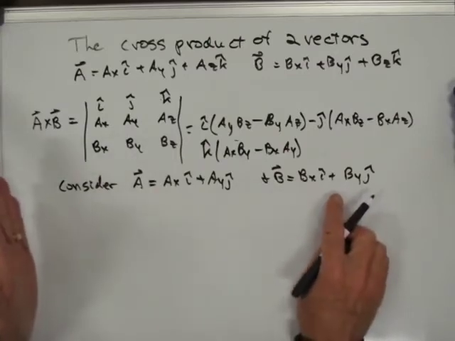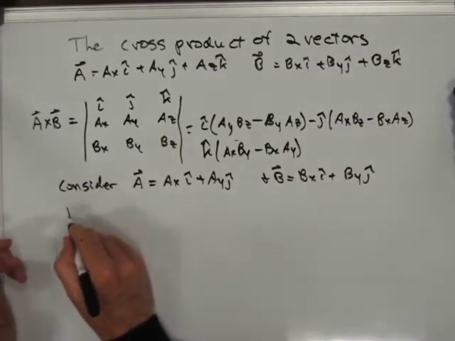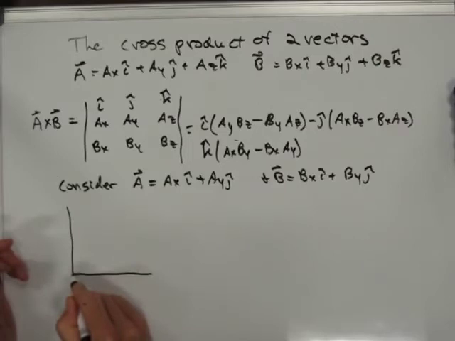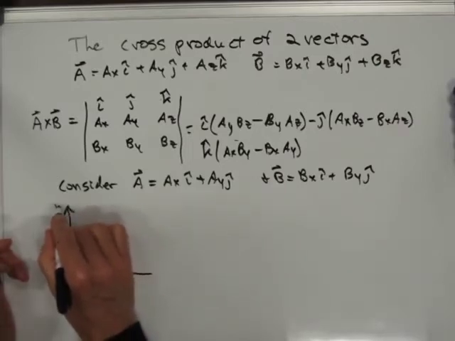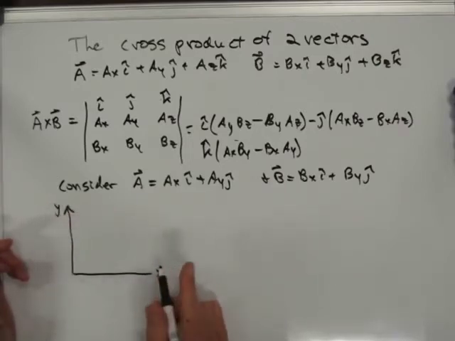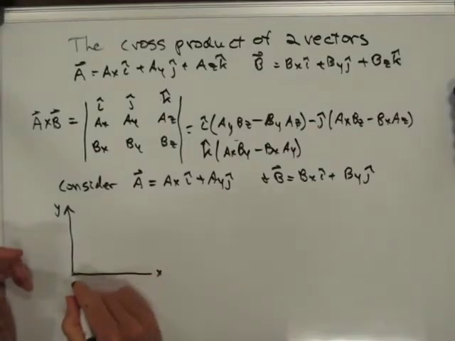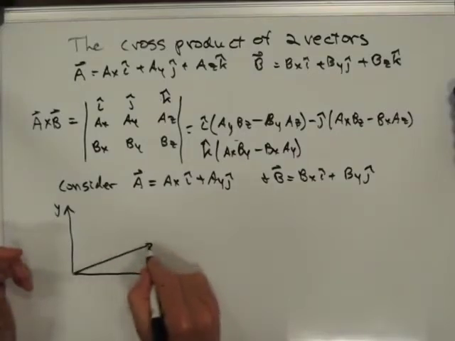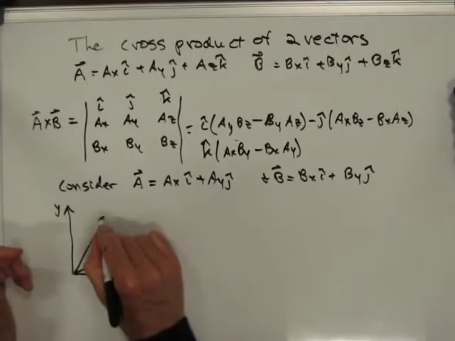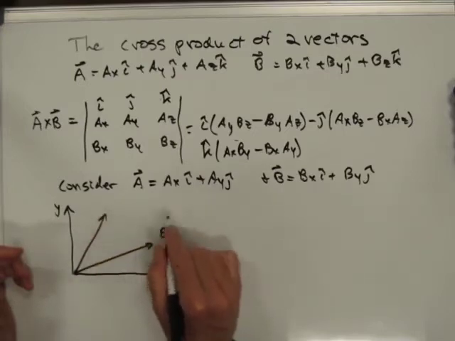I'm just going to do a simple case here. So if this is my coordinate system, if this is my y and this is my x, then I can have a vector A that's going off this way and a vector B that's going off that way.